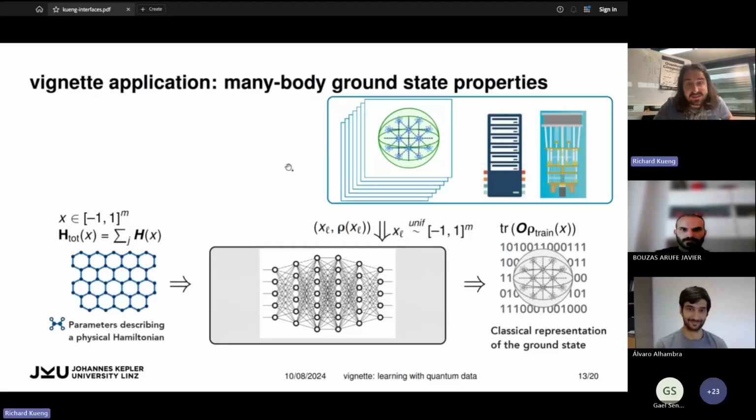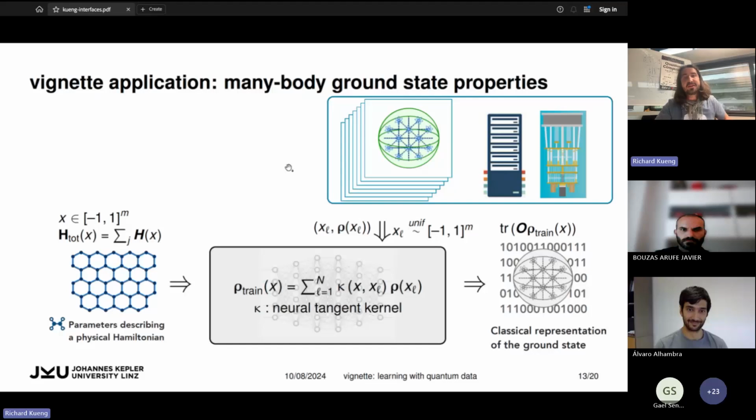But fortunately, there's a nice trick from 2018 or 2019 where people figured out that in the asymptotic regime of an infinite width neural network, where you have many nodes in the middle and go to infinity, you can actually represent these neural networks by a kernel. And the kernel is a nice linear interpolation regime. So you can see the formula here: what a kernel does is linear interpolation on the training data you've seen already.